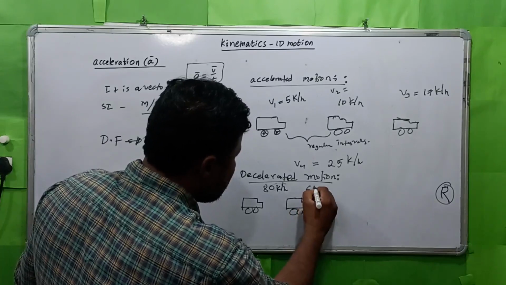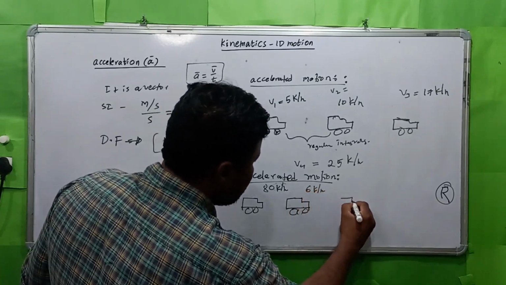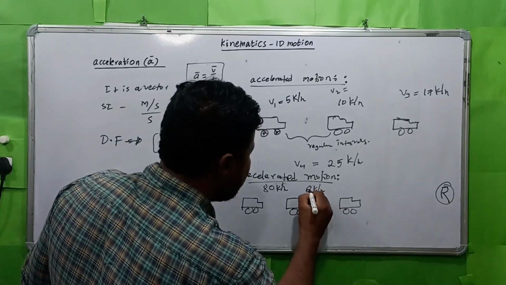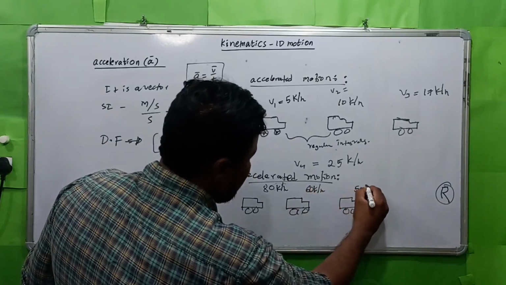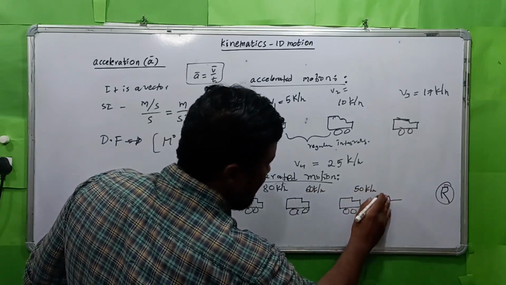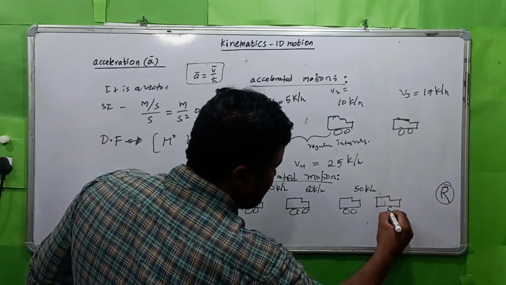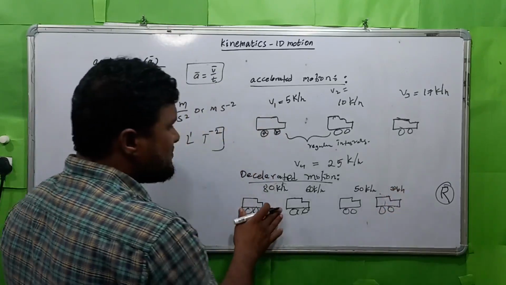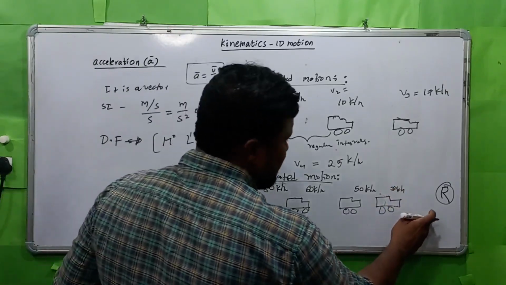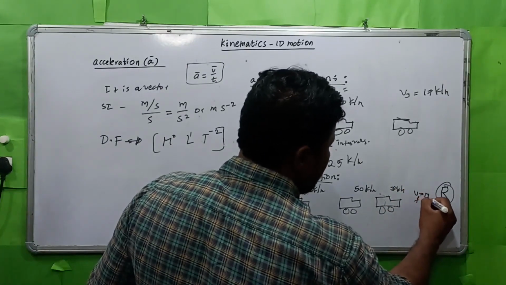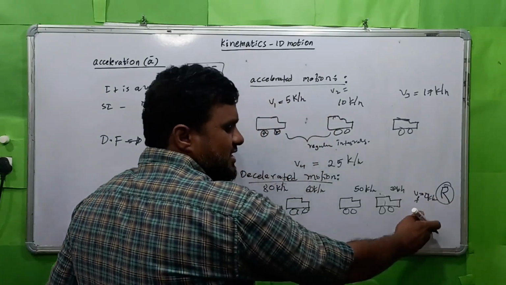as 60 kilometer per hour. And next instant, the speed of the car will be 50 kilometer per hour, and the next instant the speed of the car will be, it may be 30 kilometer per hour. In this way, the speed gradually decreases, and finally the velocity final becomes 0 kilometer per hour at the signal point.